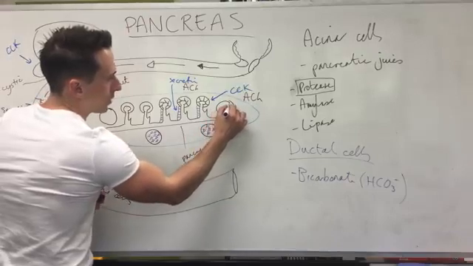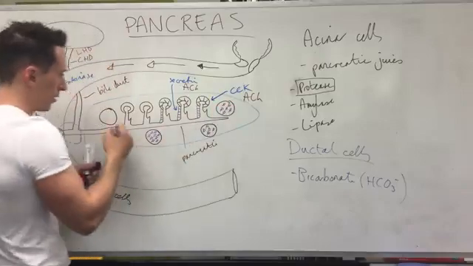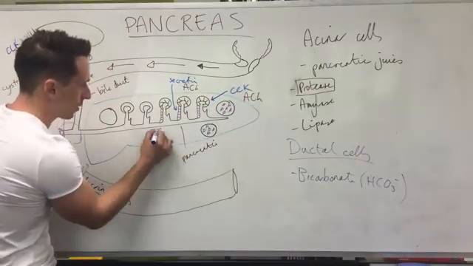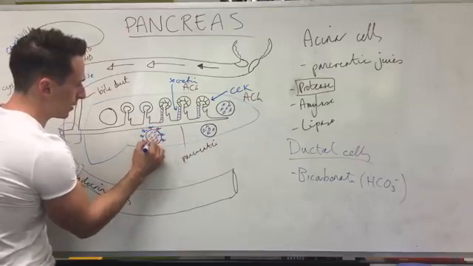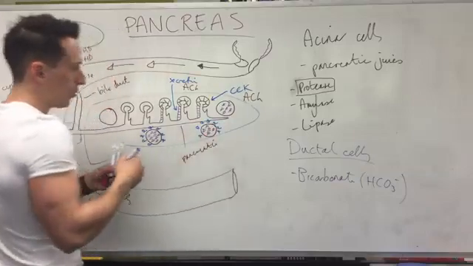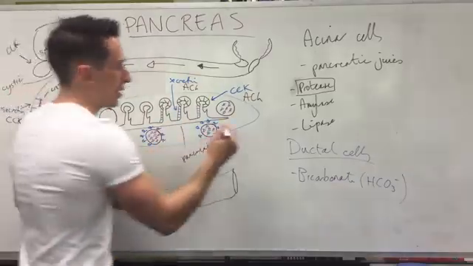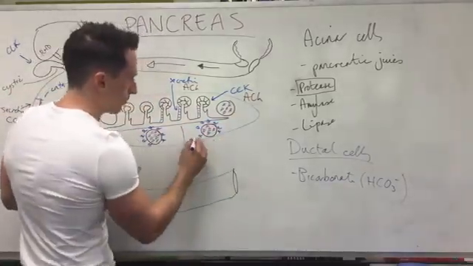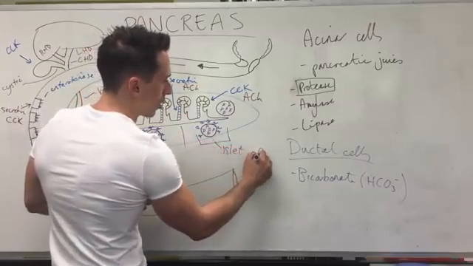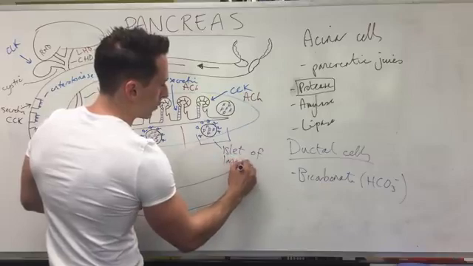And around the beta cells, more on the periphery, we've got alpha cells. Okay, what do these beta cells, what do these alpha cells do? So, firstly, these groups of cells here are called the islet of Langerhans. Now that may be something you've heard of before.